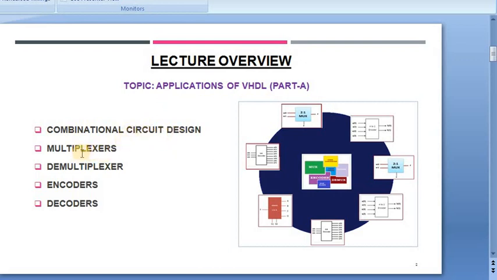Then we study thoroughly various circuits of multiplexer, demultiplexer, encoder and decoder. Since this is a very lengthy topic, we shall cover it in two phases, part A and part B. So now let's study the first topic of today's discussion, combinational circuit.